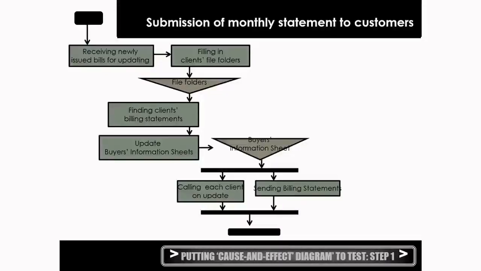But they fail to do it. Here they have mentioned just a flow chart. It shows the steps they follow under the process. You can see the steps, start point and the end point.